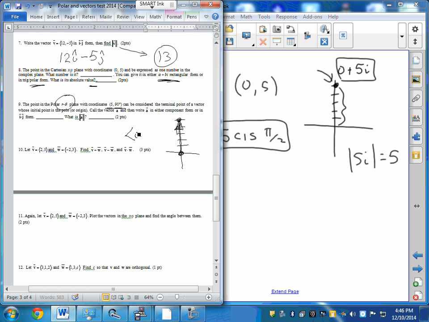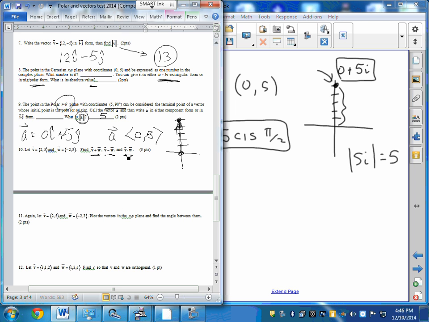So 0 in the x direction and 5 in the y direction. So there's our vector A. Or if you want, you could write it in ij form. So 0i, don't need that obviously, plus 5j. And what is the magnitude of the vector? We already did that. That's the length. That's 5.